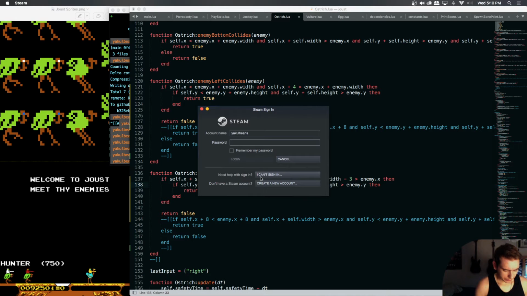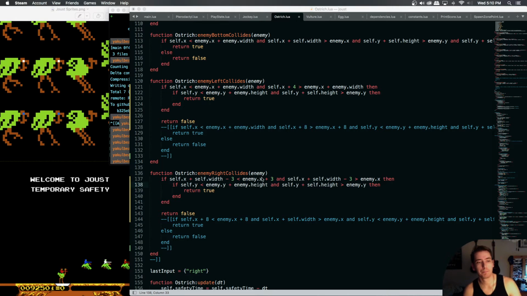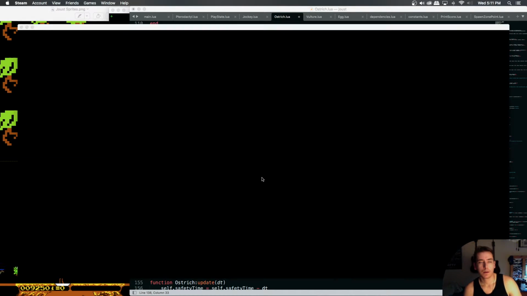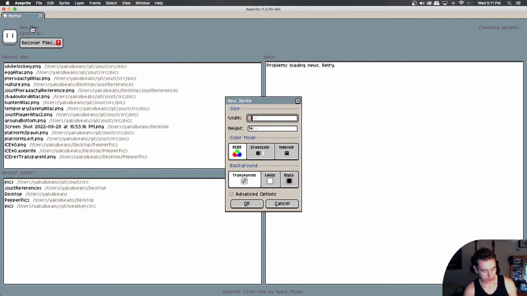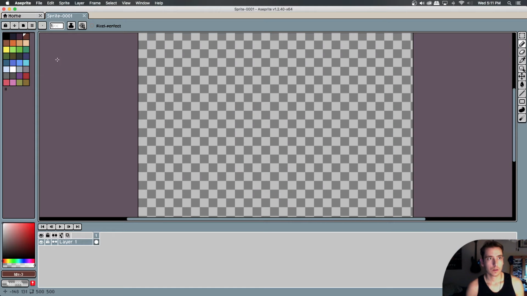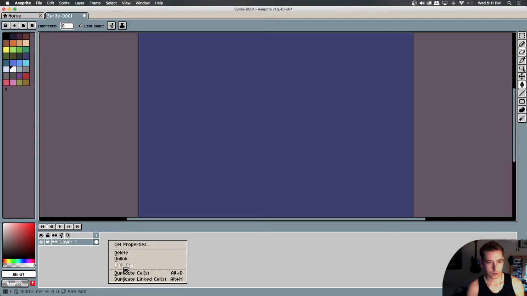But basically, okay. Let's see. So if we have our two characters, I'm gonna make a new layer here. How do I do a new layer?